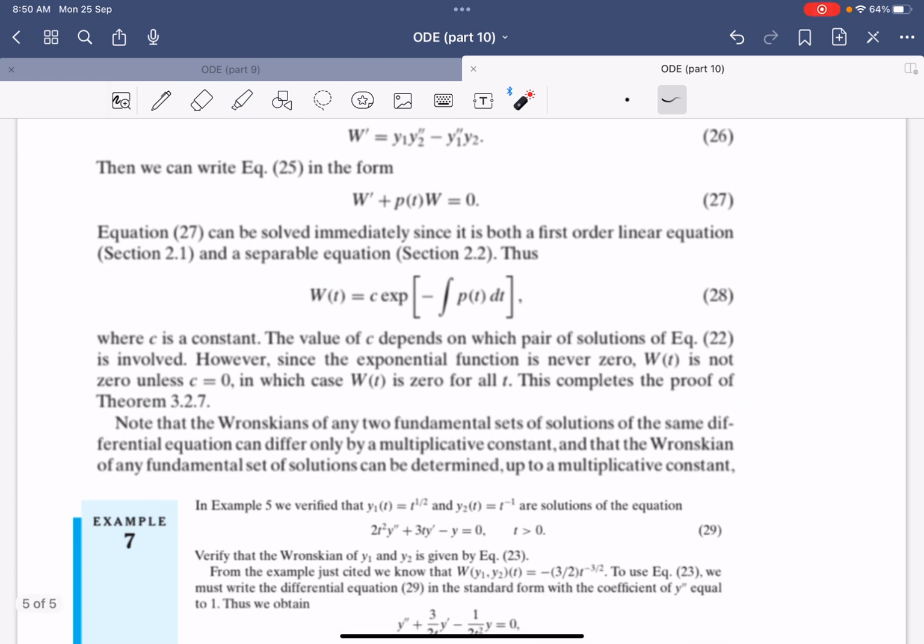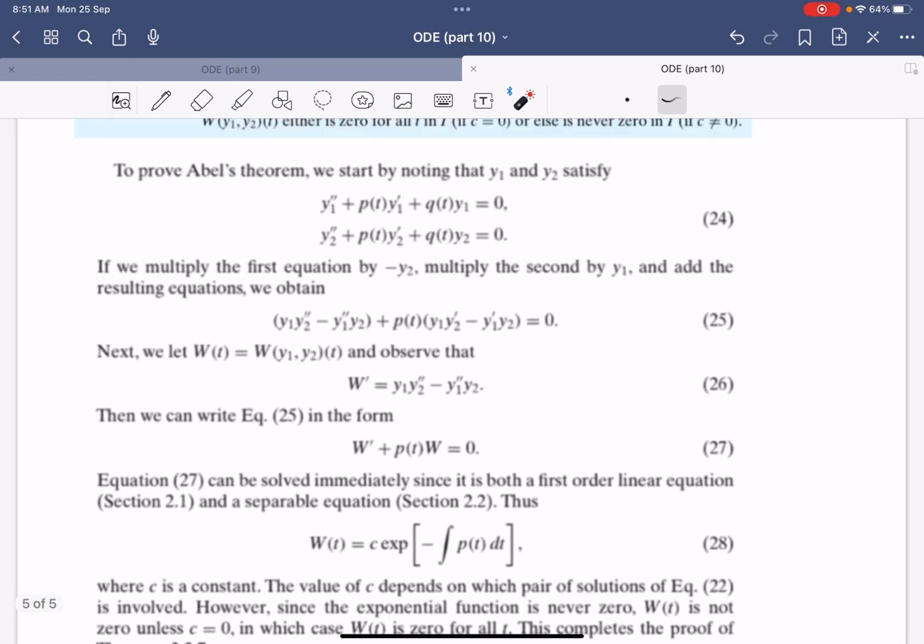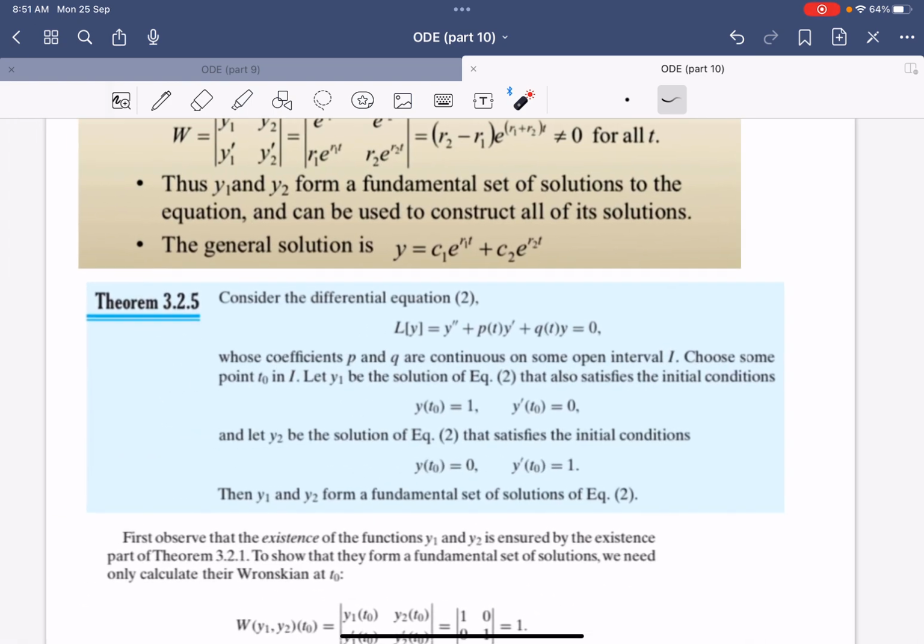So we can say that the Wronskians of any two fundamental sets of solutions of the same differential equation can only differ by a multiplicative constant, so the Wronskian is determined up to a multiplicative constant. What do I mean? We already know that the solutions are of this form.